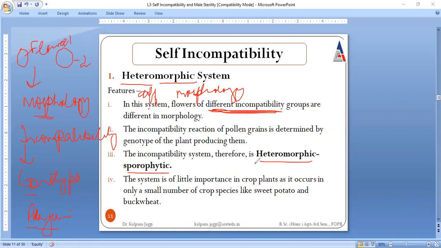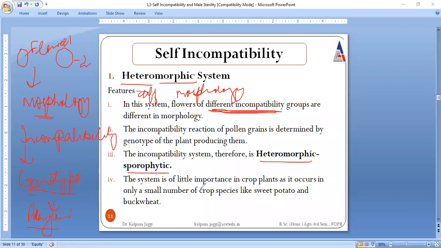My motto here is to let you know why the term sporophytic is used along with heteromorphic. It is used because, as I said, incompatibility is controlled by the genotype of the plant, not the genotype of pollen grains, and this incompatibility is no more controlled by the flower that actually produced it.